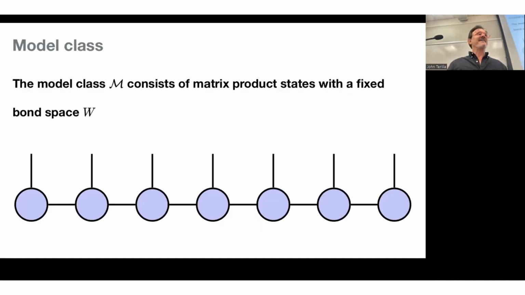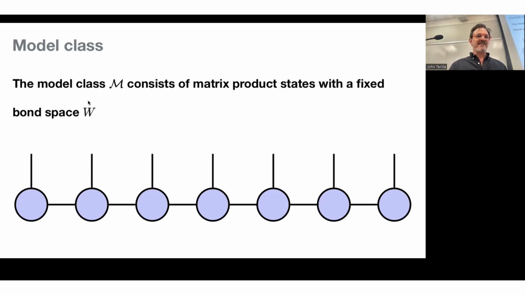Okay, so this can bring me to the model class that I want to consider for functions on this very large Hilbert space. I'm not going to look at any function. I'm going to look at those functions that have a factorization into what's called a matrix product state, as pictured here.